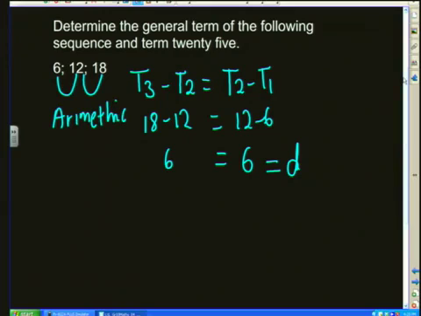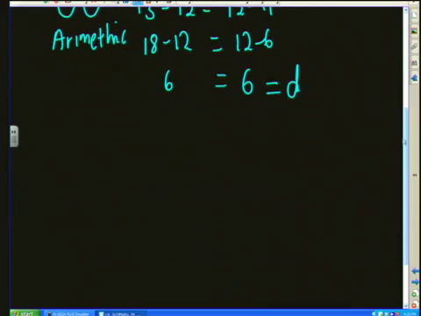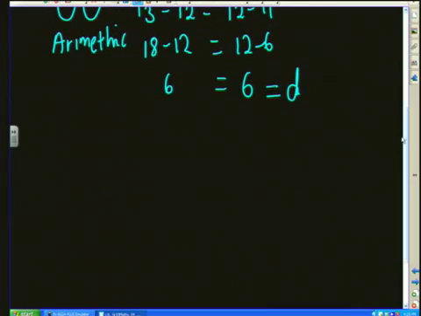All right, the formula we're going to use, because now we've identified that this is indeed an arithmetic sequence, so that straight away gets us thinking about this formula. Tn is equal to a plus (n minus 1) times d, where d is your common difference and a represents your first term.